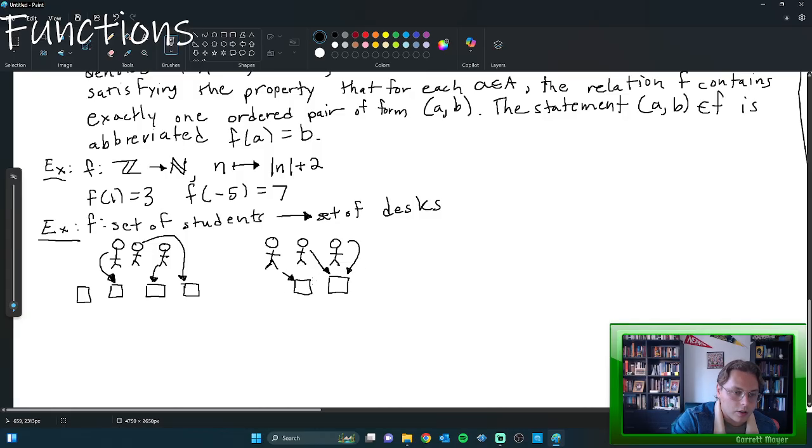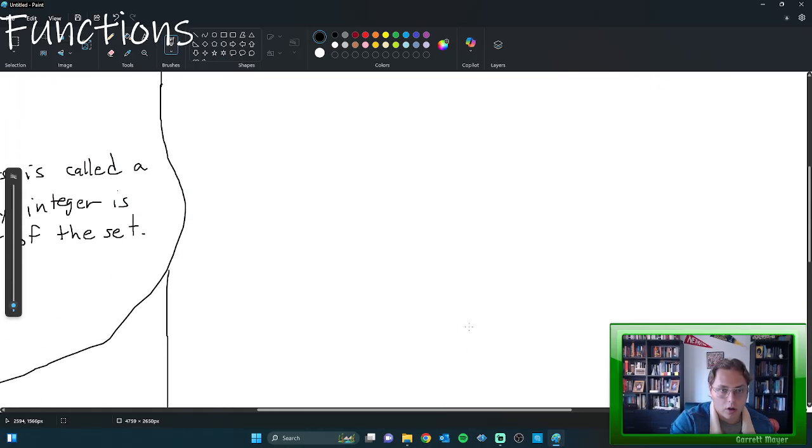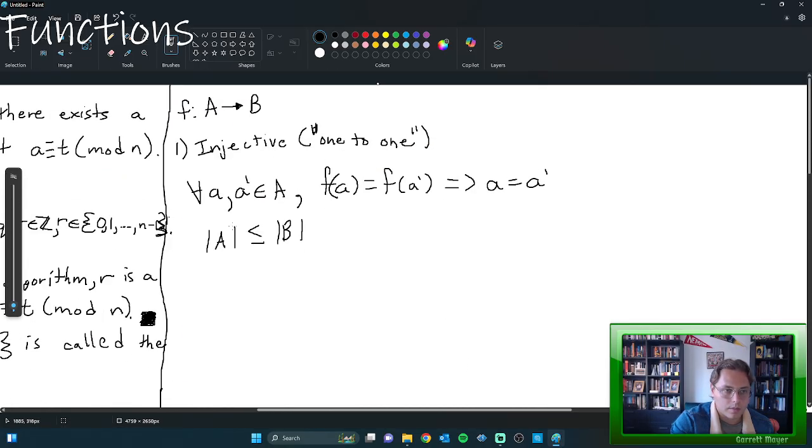On the other hand, if you have more desks than students, it is possible that each student only gets assigned one desk. Each input only corresponds to one output. So you would need a larger set to be the output if you want injectivity to be true. Basically, injectivity implies that your codomain is larger than your domain.